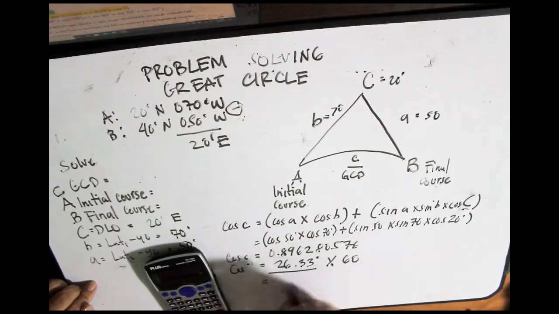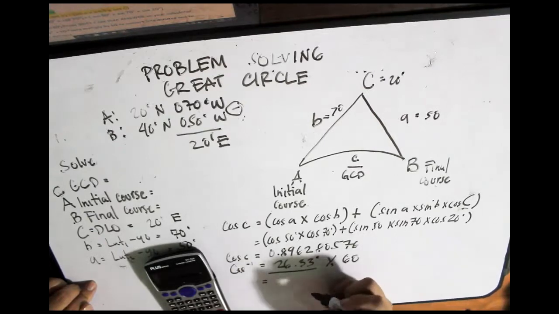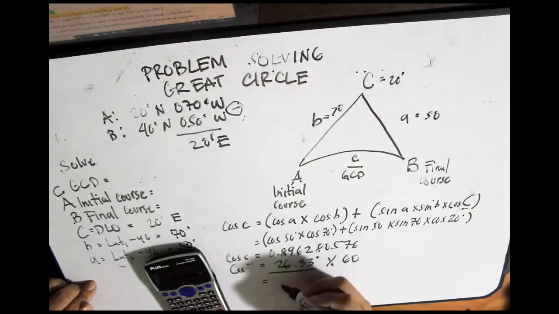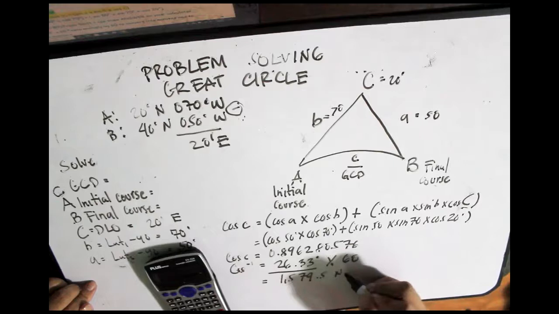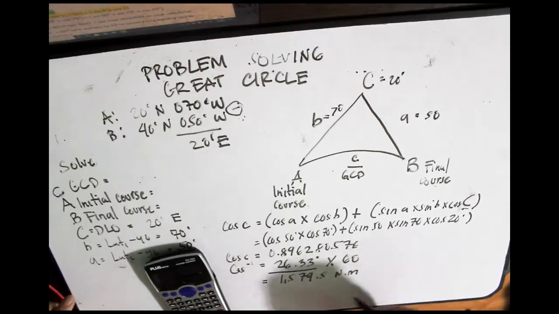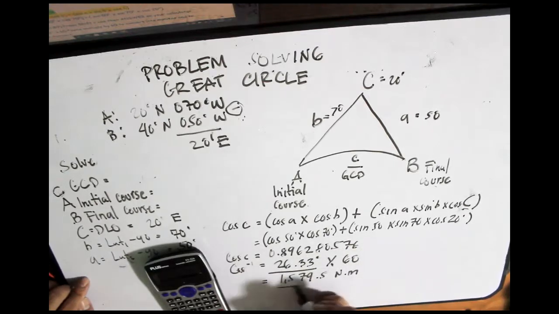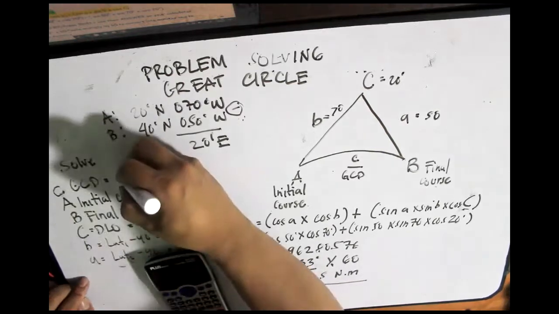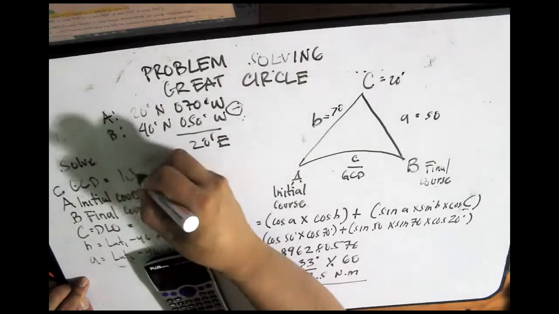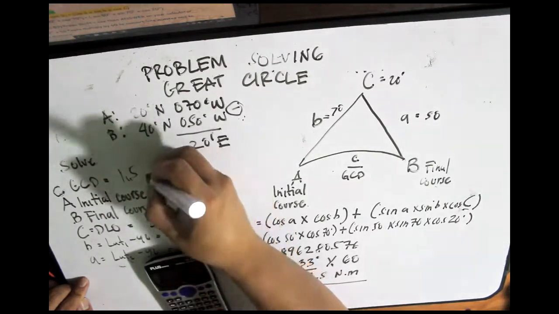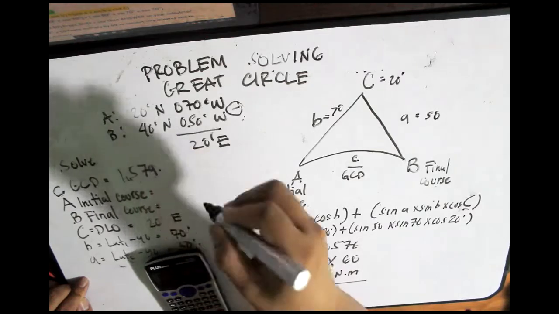So, the distance will be, okay, the distance will be 1,579.5 nautical miles. Okay, so already we calculated the distance is equal to 1,579.5.